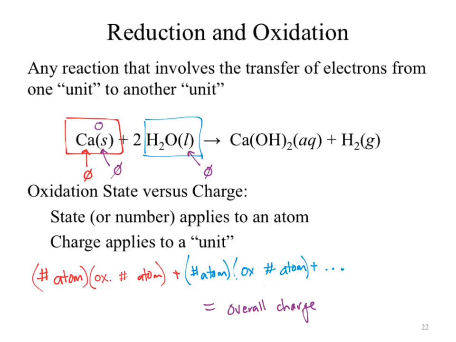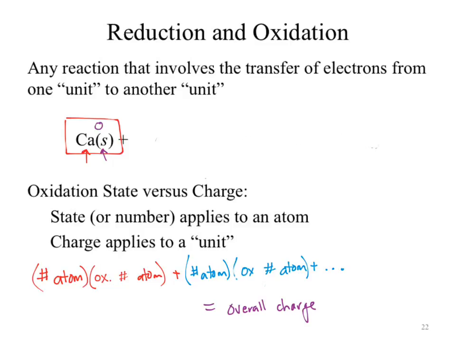If we go through and take a look at the calcium, that very first one, if I want to figure out the oxidation number on that calcium, let's use this formula. How do we do it? The number of the atom. How many calciums are there? 1. What is the oxidation number for calcium? You always solve for it, so at this point we don't know it.